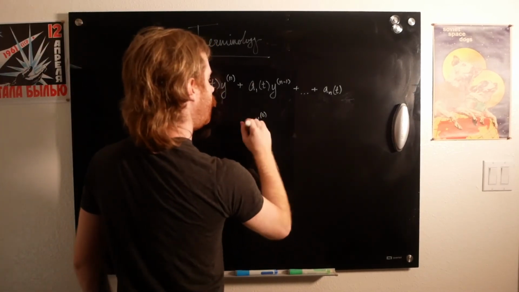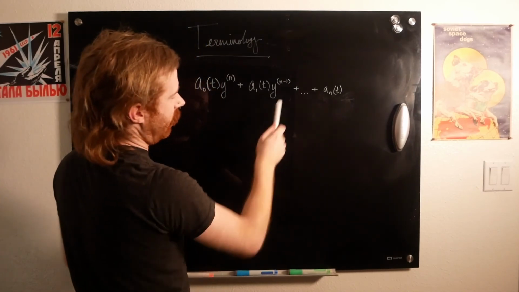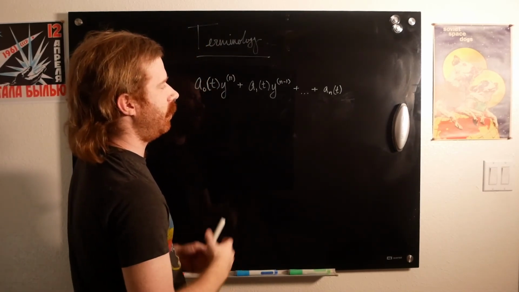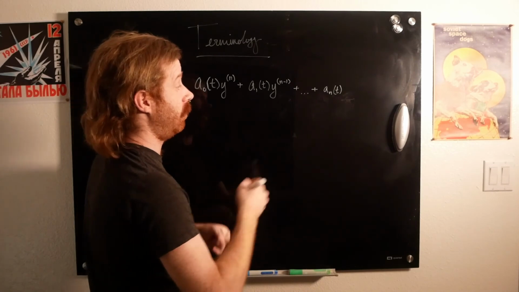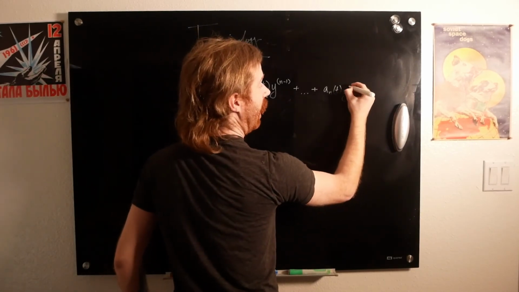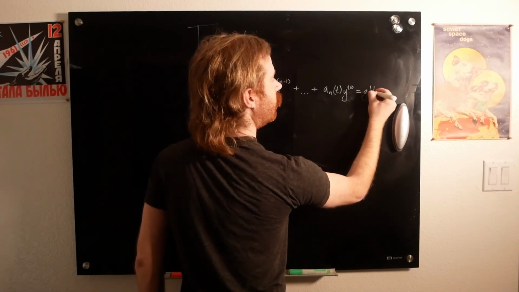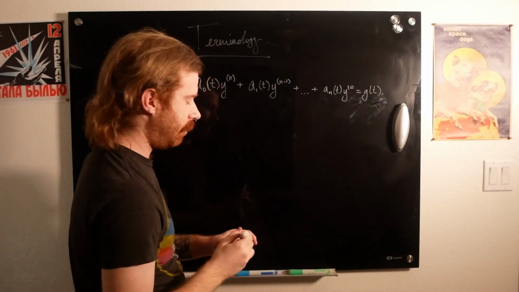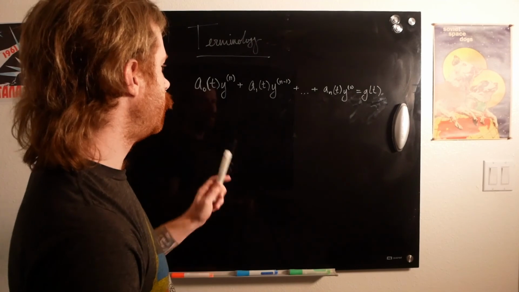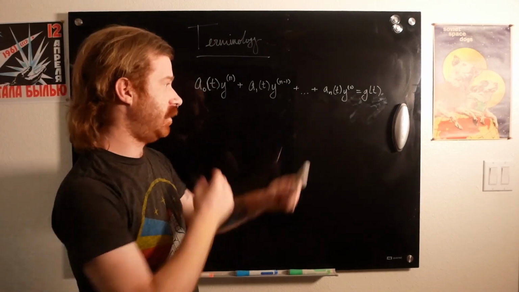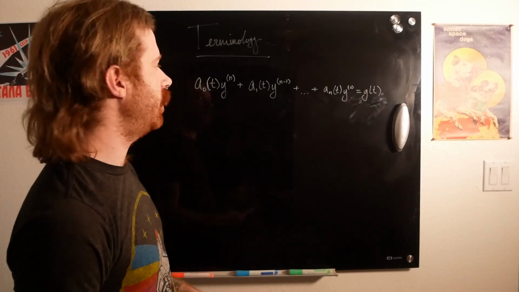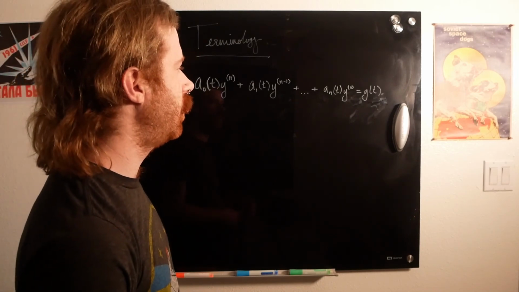So basically, this n is going to go to 0, and you're going to be left with y, the zeroth derivative of y, and that's going to equal some function g of t. This is what defines an equation being a linear differential equation.